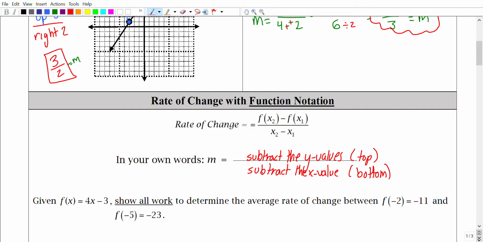So again, subtract the y values on top and then subtract the x values on the denominator or in the bottom.